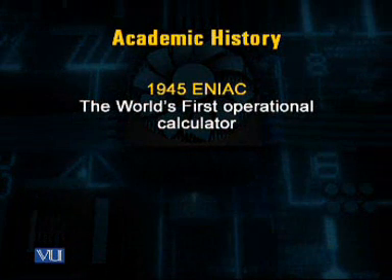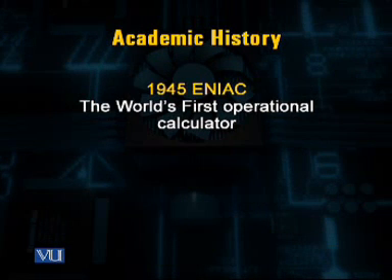In 1945 and 46, the first operational computer was introduced. This first operational computer used 18,000 vacuum tubes, and it could perform 1900 instructions per second.